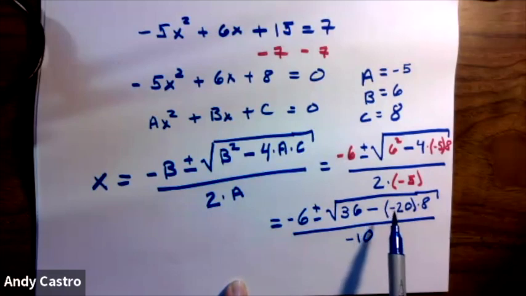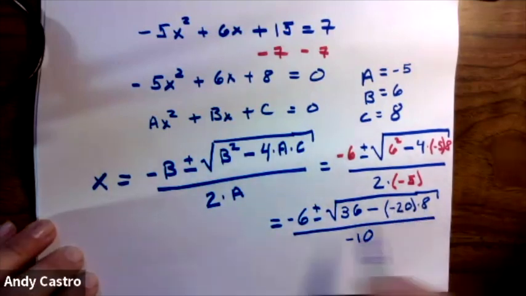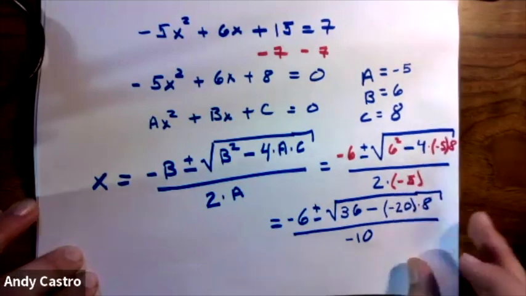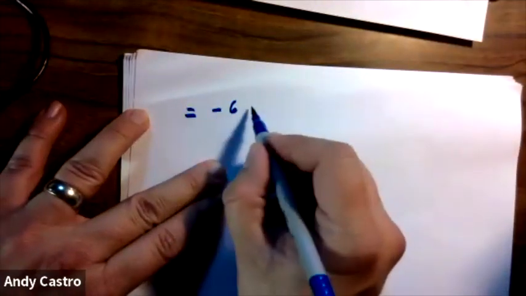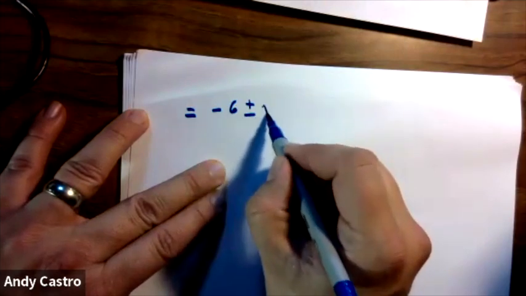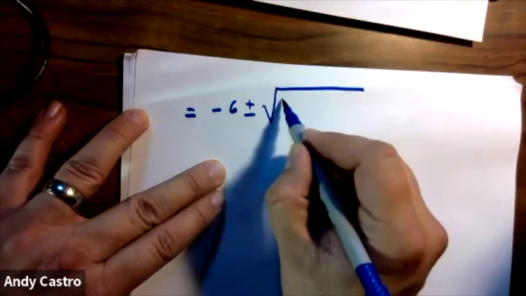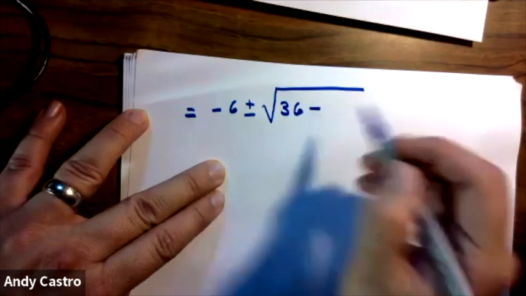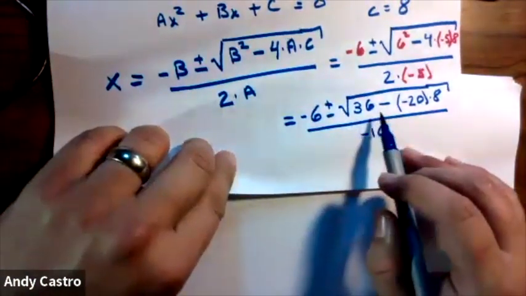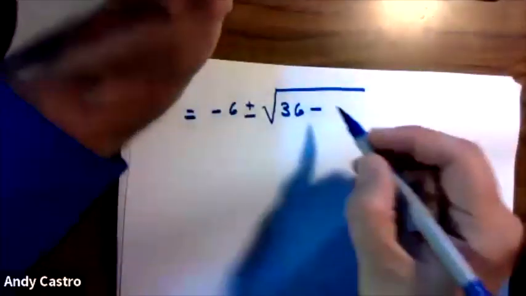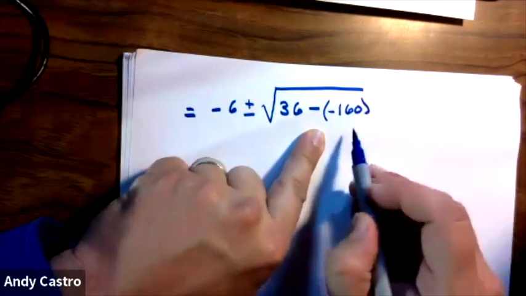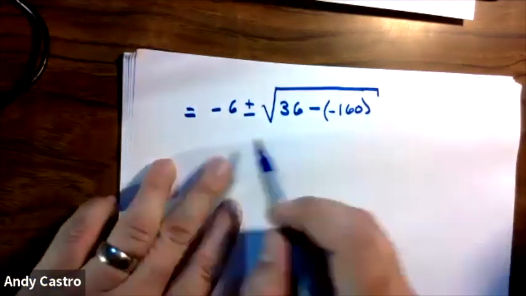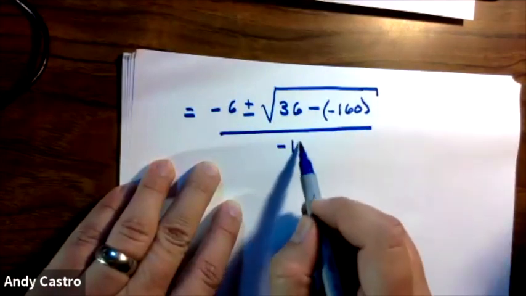All right, so here I want to do the -20 times 8, which is just going to be -160. So let's put that equal to -6 plus or minus the square root of 36 minus, and here we have -20 times 8, and that's going to give me -160, all over -10.